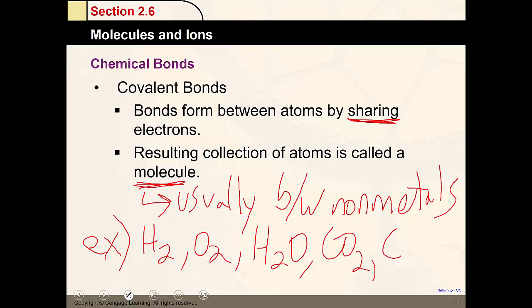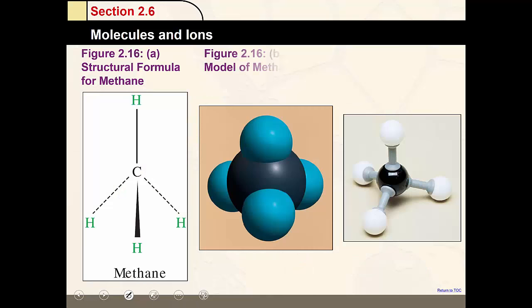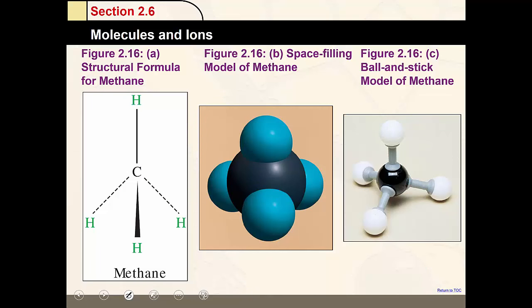And the one we're going to talk about right now, which is CH4, or methane gas. And there's a couple different ways in which we can represent this molecule. The first one is the structural formula, and you'll notice here these are dotted lines.